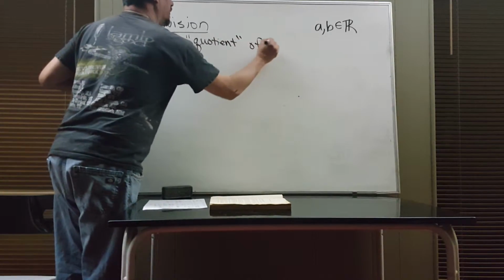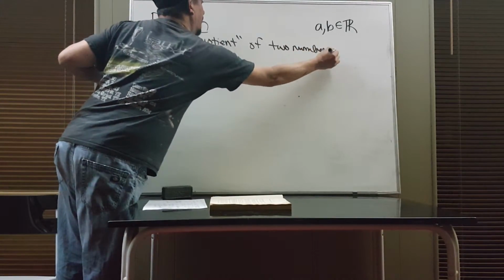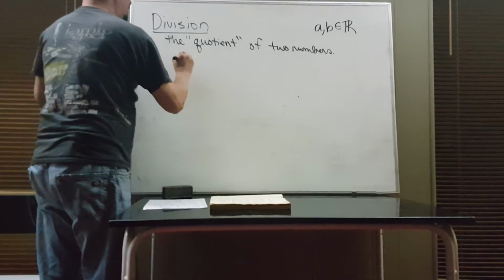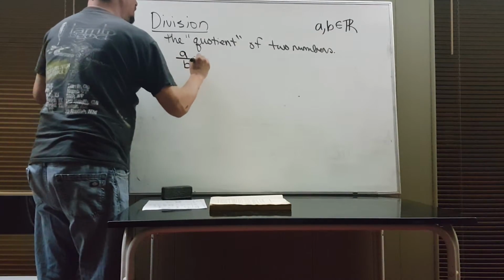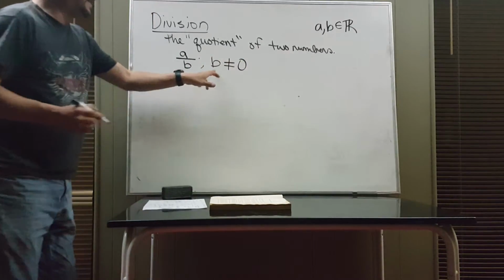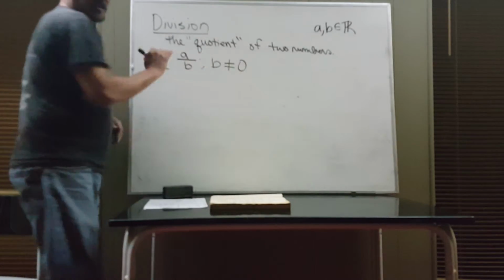The quotient of two numbers. But if we say A divided by B, we have to indicate that B cannot be 0. B cannot be 0. B is never 0. And here's why.